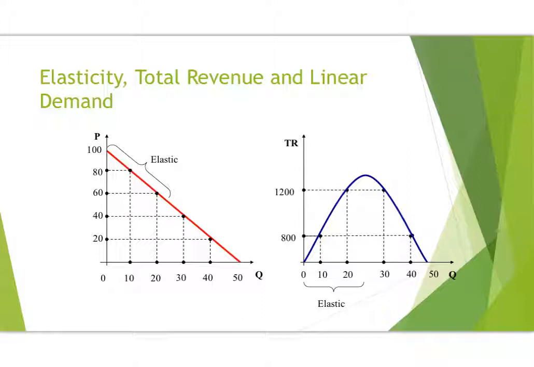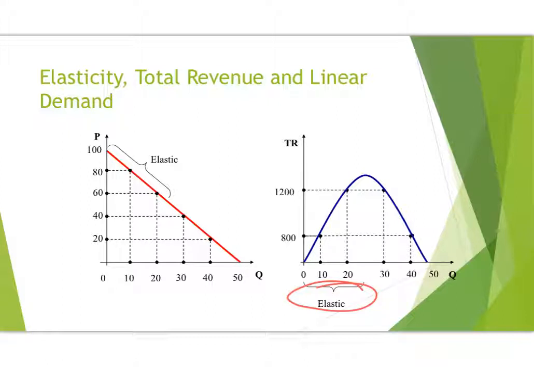So any change in quantity is going to be a relatively large percentage. Any change in price, because prices are really high, is going to be a relatively low percentage. So we're going to tend to get elasticity estimates that are elastic, meaning greater than 1, in this region. And notice I also put that over here, identifying the same quantity where we're getting elastic demand.